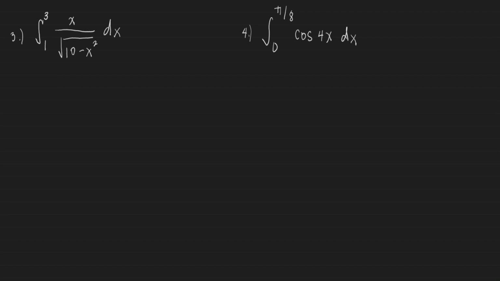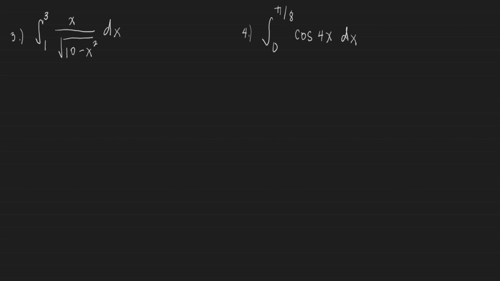This time, let us evaluate definite integrals that require substitution rule in finding the antiderivative. For number 3, we have the definite integral of x over the square root of 10 minus x squared dx from 1 to 3.